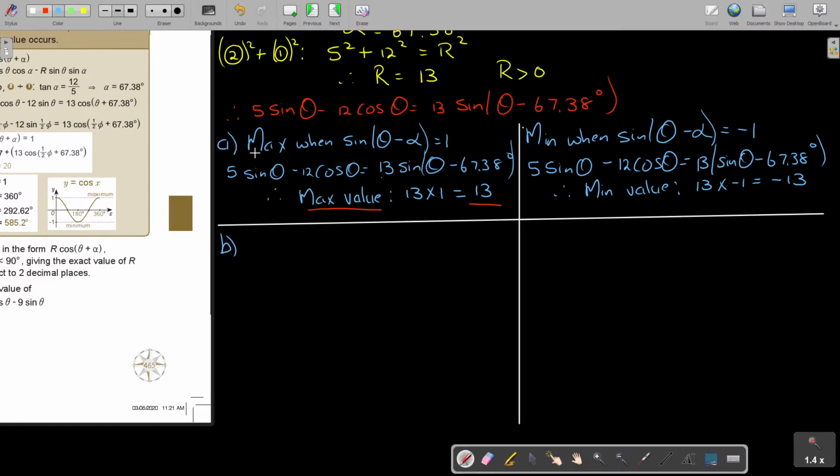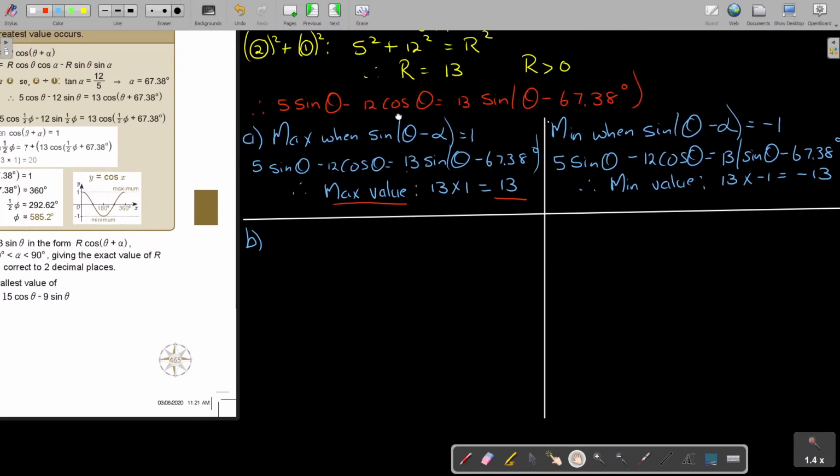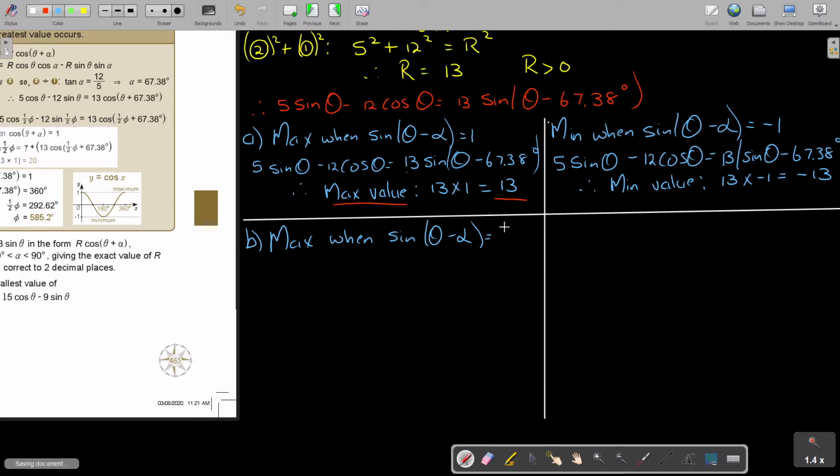Again, the statement is going to stay the same, I will just change it. It's not always the same, so I'm rather going to write it out. It's not necessary in the answer. Max when sin(theta minus alpha) is 1.